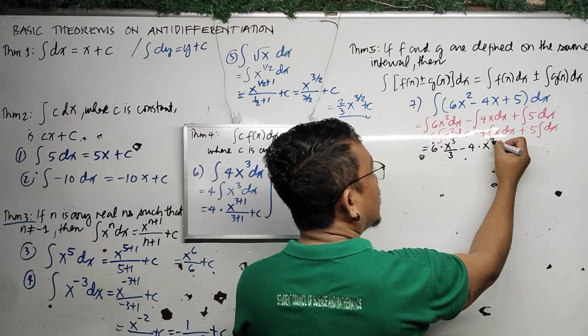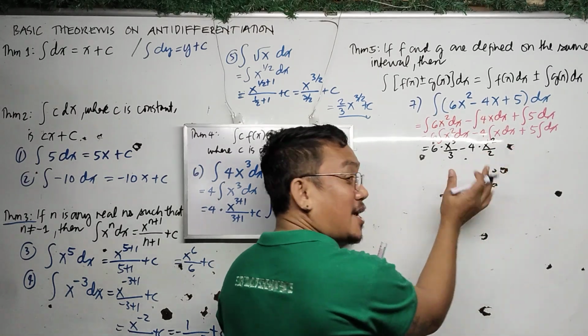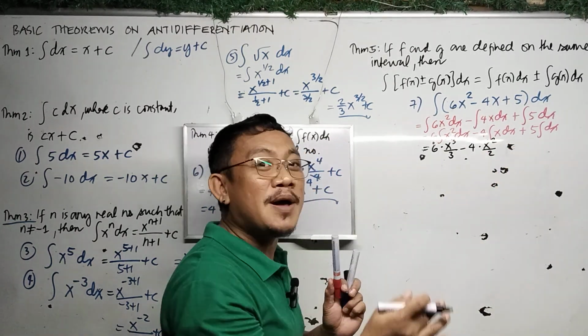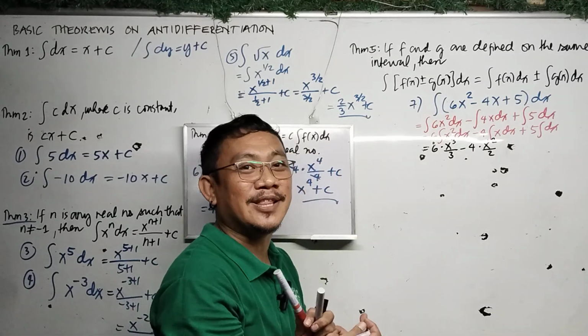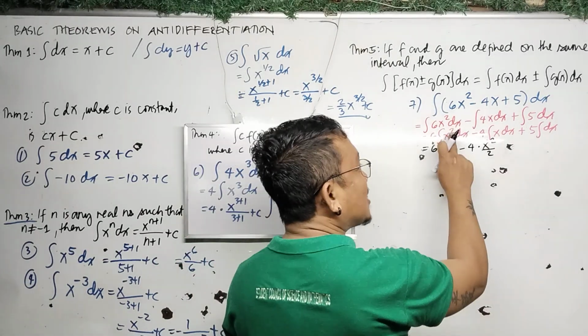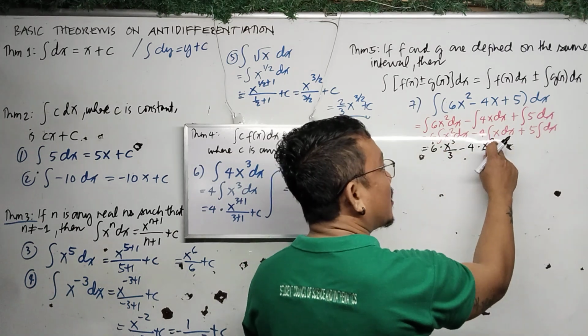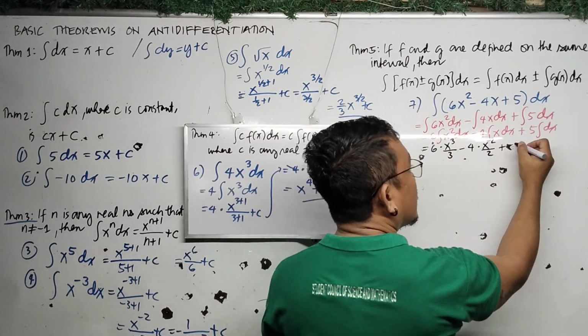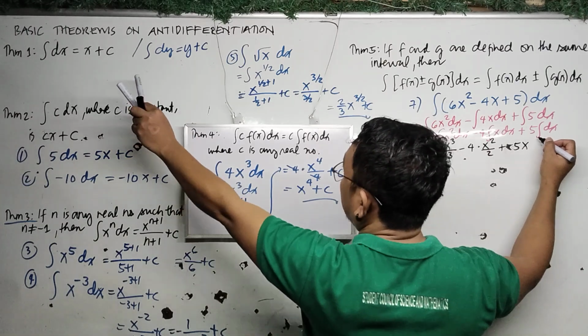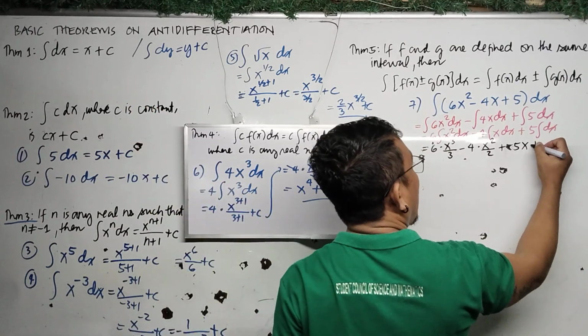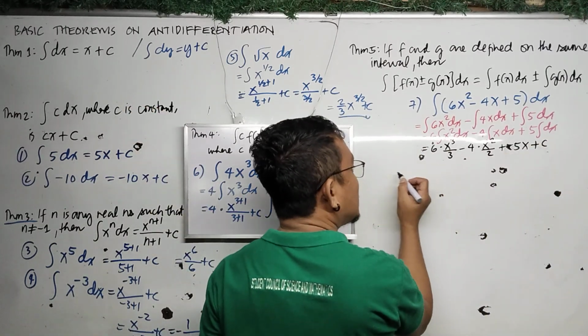So, x squared over 2. Ako na lang gidiretso class ha. Kay karon makaisa sa integration, nadugangan yung isa ang power nato ana. So, ang x squared nimo ng x cubed, kanang x nimo ng x squared, plus 5 madugang x according to Theorem 2, plus c. So, finalize your answer.